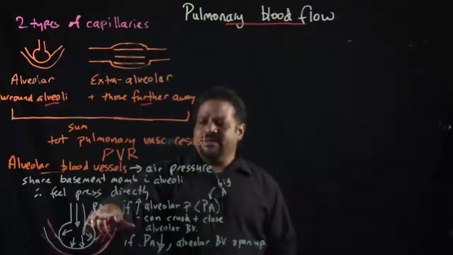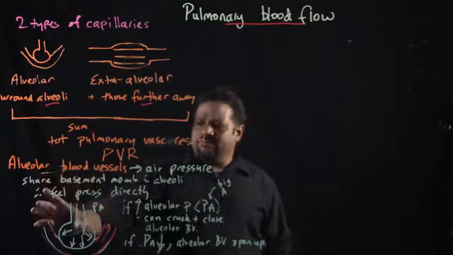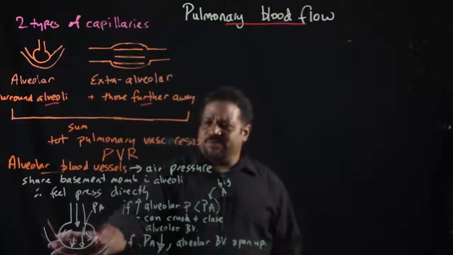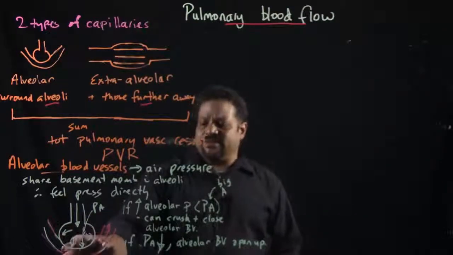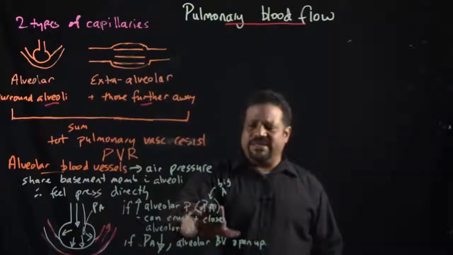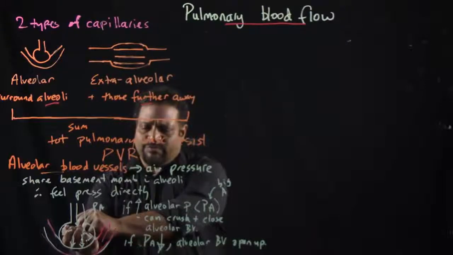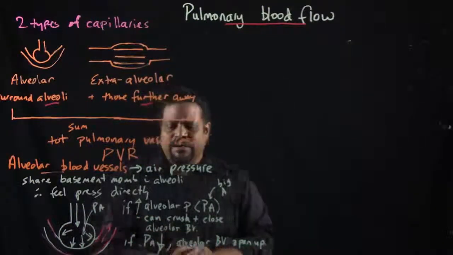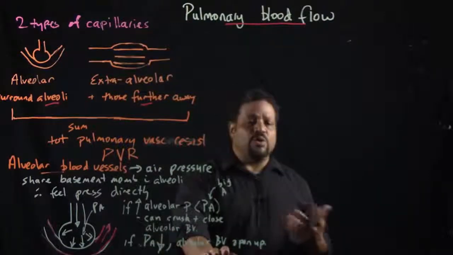It's called PA, P big A. The alveolar blood vessels share a basement membrane with the alveoli, and they can feel that pressure directly. So if the alveolar pressure increases, so the P big A increases, it can crush and close those alveolar blood vessels. BV is blood vessels. If the alveolar pressure decreases, then the alveolar blood vessels will open up.